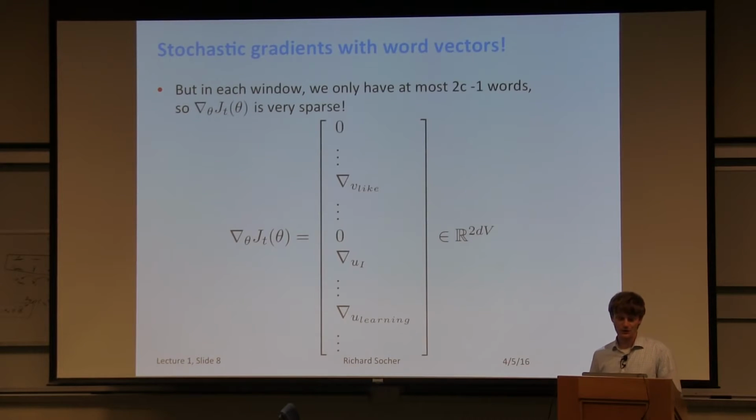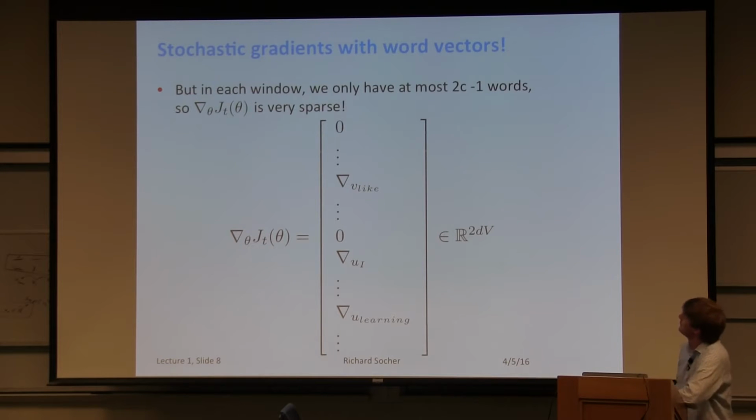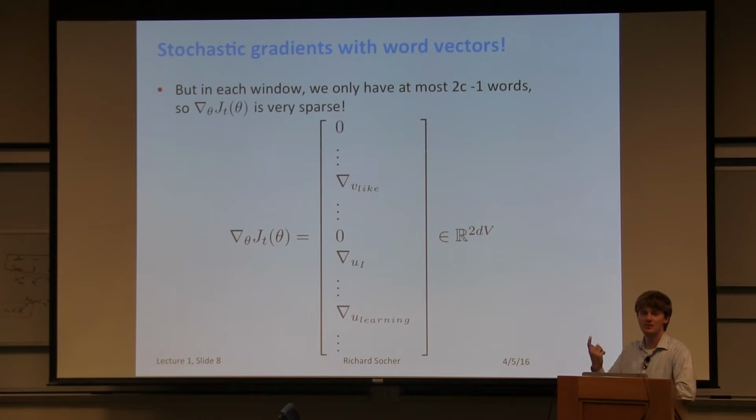All right, great. So really our update at each window t, let's say we have this simple first window of I like deep learning or I like learning. We will only really have 3 of the vectors actually be populated in this very high dimensional update vector, the gradient with respect to theta. Right?